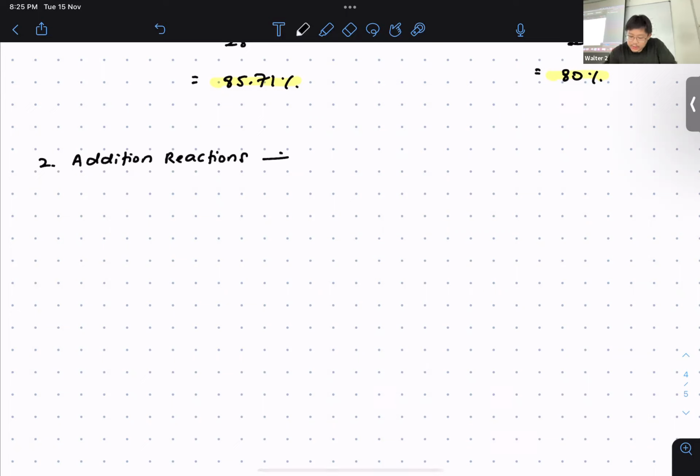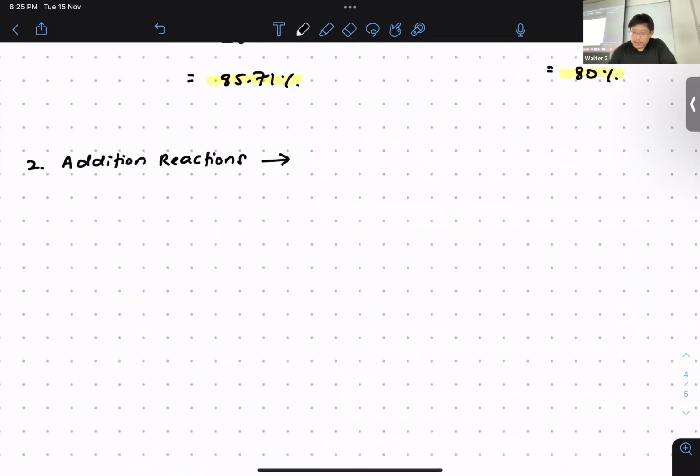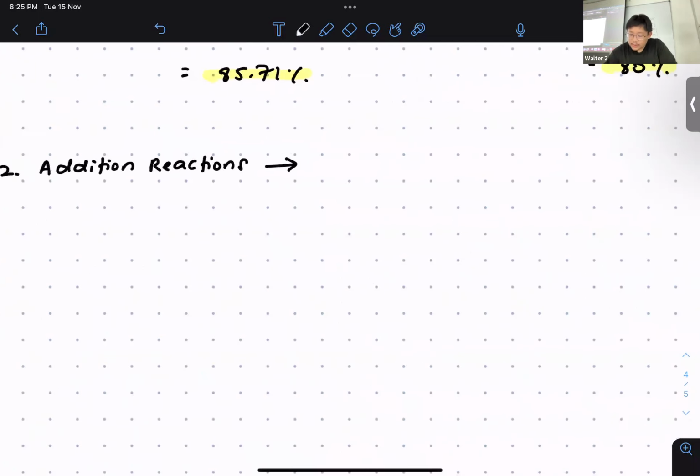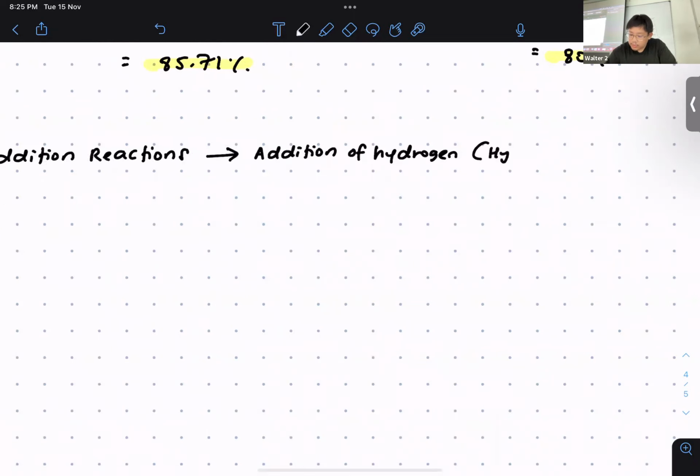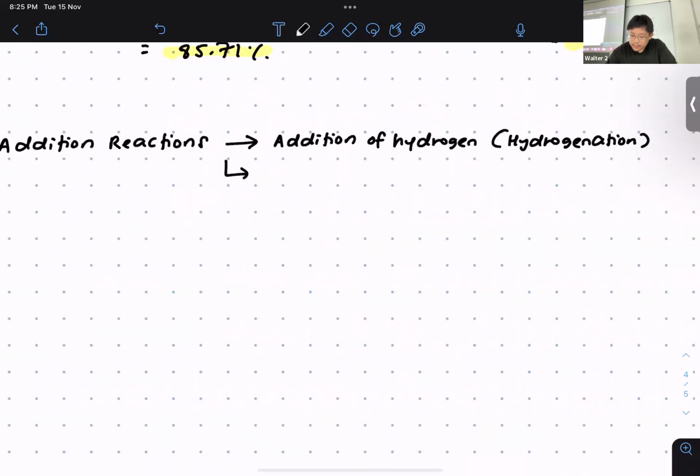For addition reactions, we have quite a number. The first one will be addition of hydrogen, which we call hydrogenation. And then we have addition of halogens, which we call halogenation.